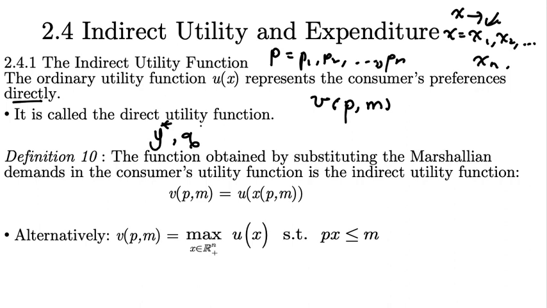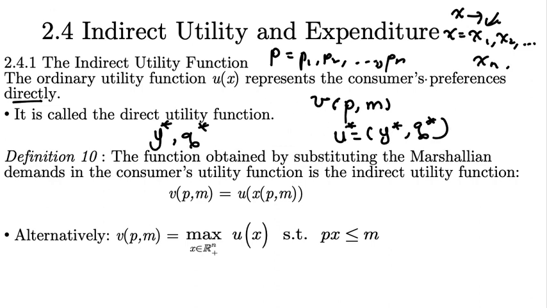So you have good Y, you have good Q, and this combination of goods, this bundle, gives you the maximum utility. And then you put this back into the original utility function. So you have U star as a function of Y star, Q star.